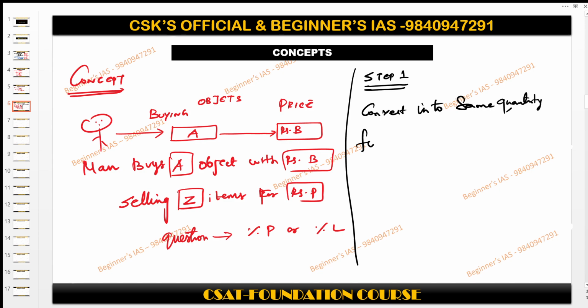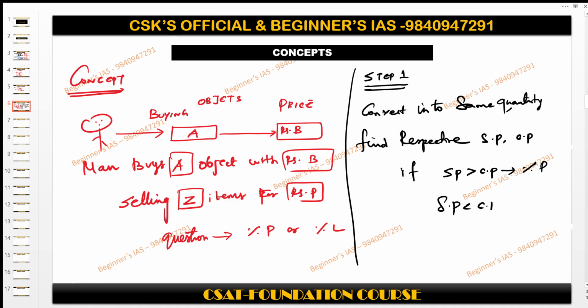Then find the respective SP and CP. If SP is greater than CP, then it is a profit. If SP is lesser than CP, then it gives you a loss. You can find out the loss percentage. That's it.